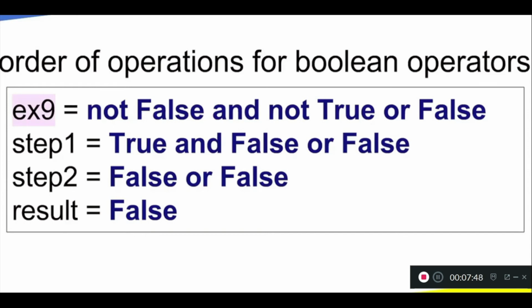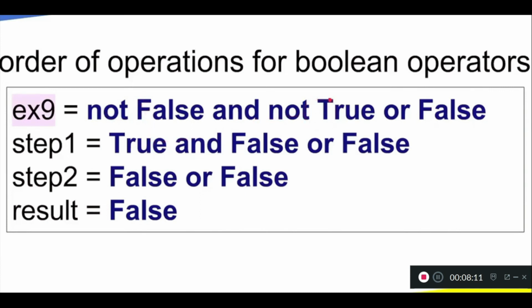Now you might be thinking, what is the order of operation for Boolean operators? So here we come. Example 9 shows not false and not false or false. First, not false becomes true, as we have seen in the previous slide, that not false becomes true and not true becomes false. This is the nature of not.